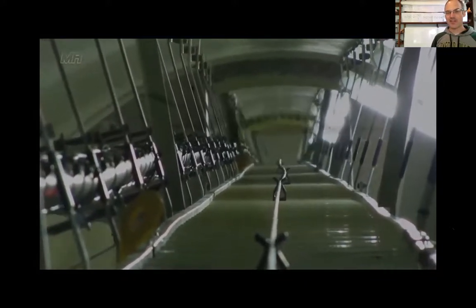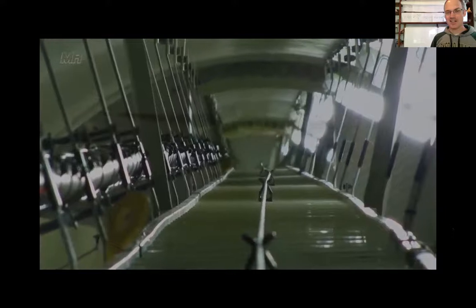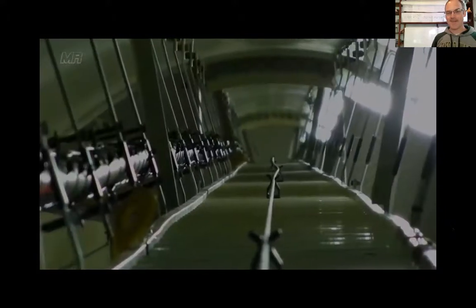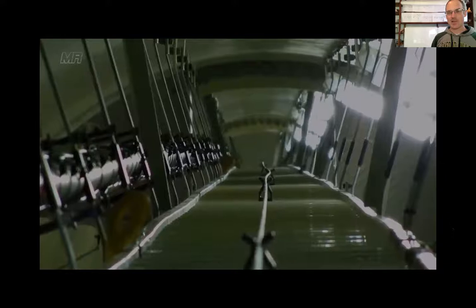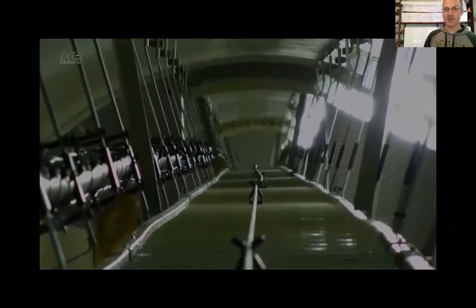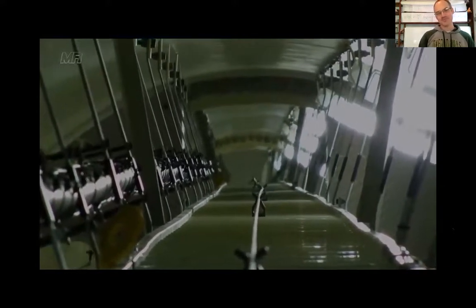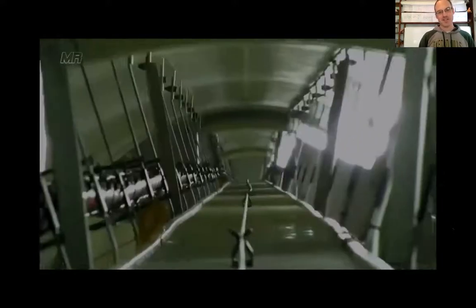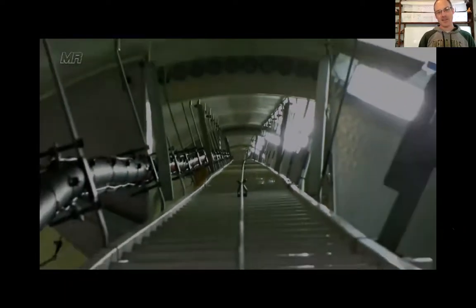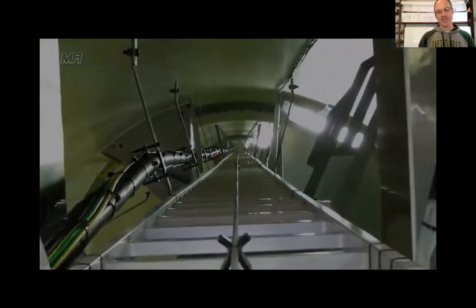Oh, look at that. That was quite a gust. You don't really want that to happen. So the brakes were applied, but I mean, it's still in the wind.